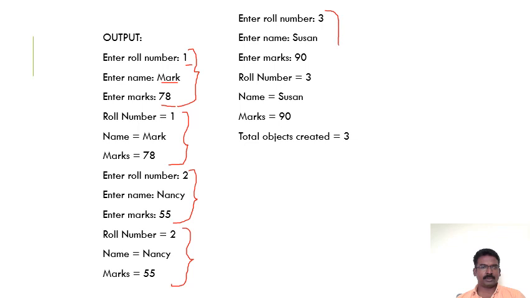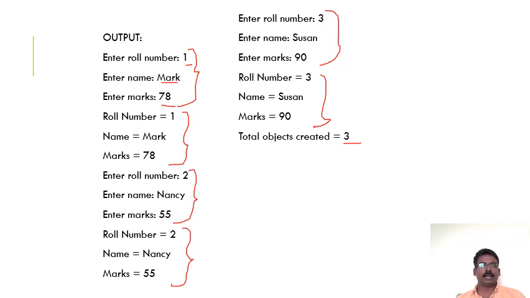For the third object, also, details are received and displayed. So finally, for three objects, data are received and displayed. We are clear from that that three objects have been created, so that the object count is maintained in that static variable. If we display the value in the variable, then we can get the total number of objects created.